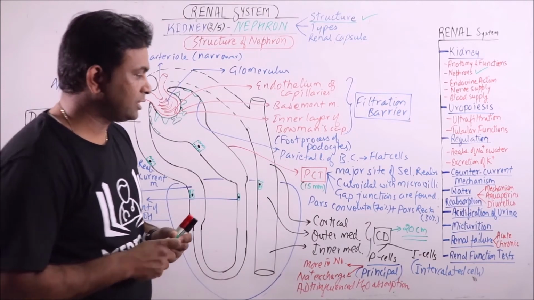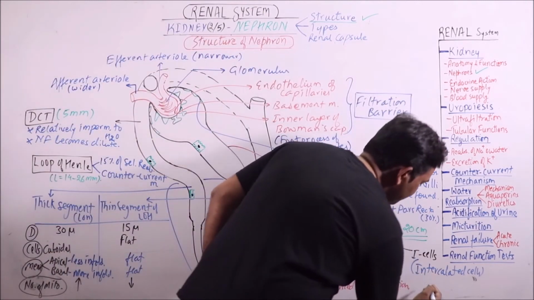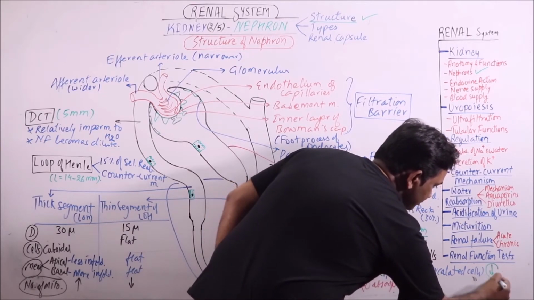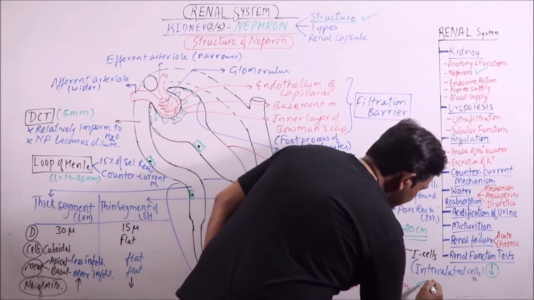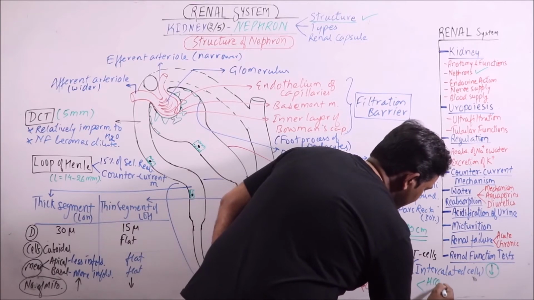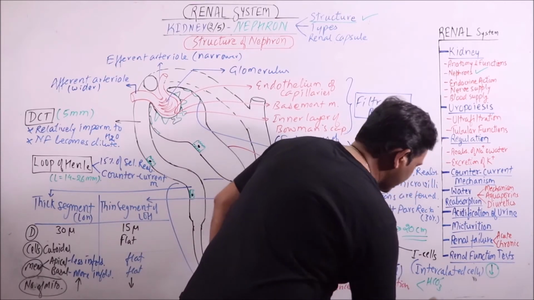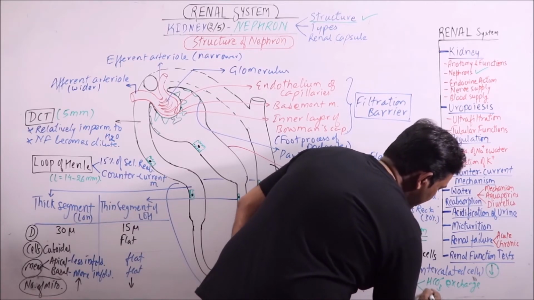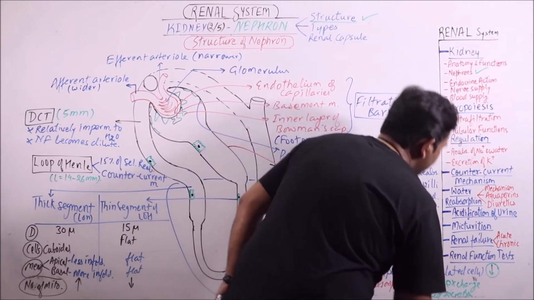While the intercalated cells are less in number and their function is bicarbonate exchange and acid secretion.